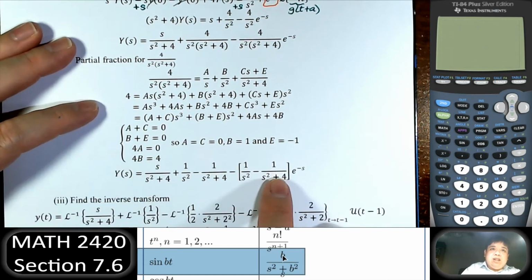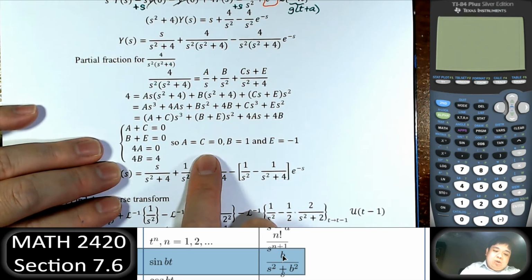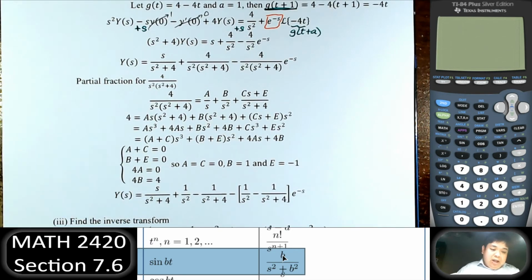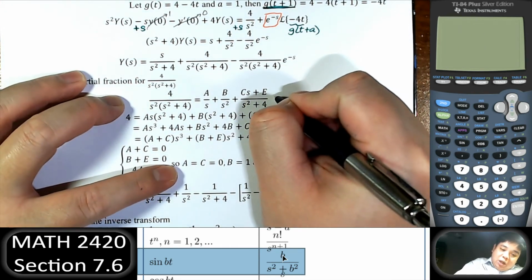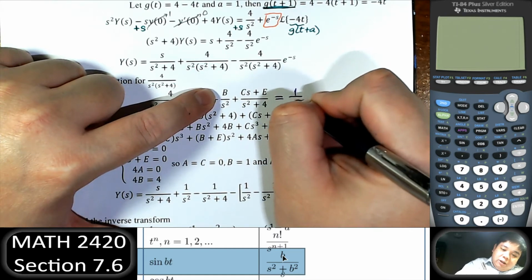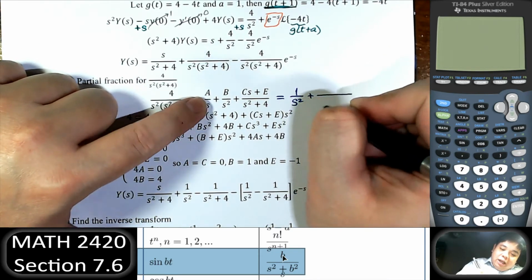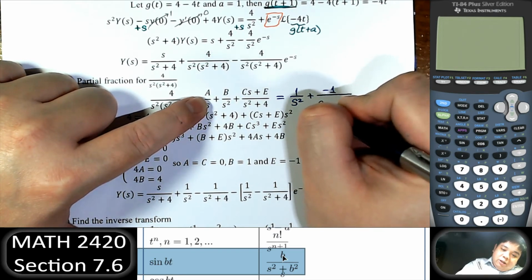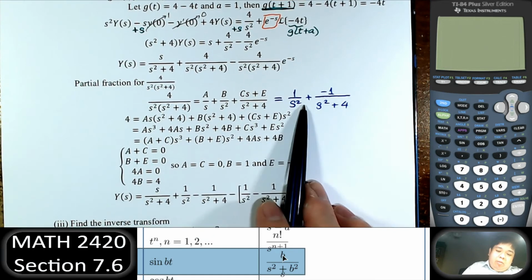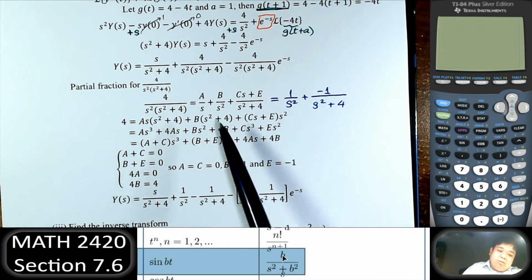After you solve for that, a and c are equal to 0, b is 1, e is negative 1. Meaning a is equal to 0, b is equal to 1, c is equal to 0, e is equal to negative 1. So that is decomposed into that partial fraction.